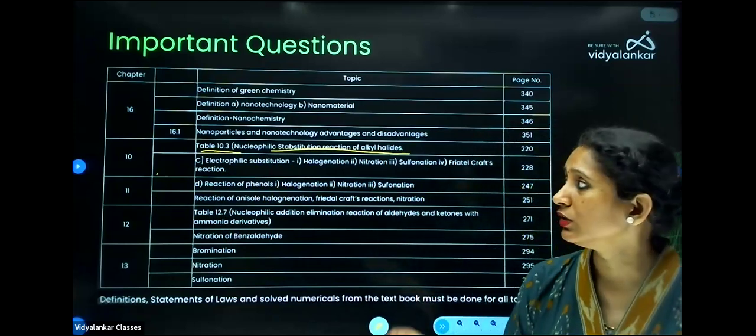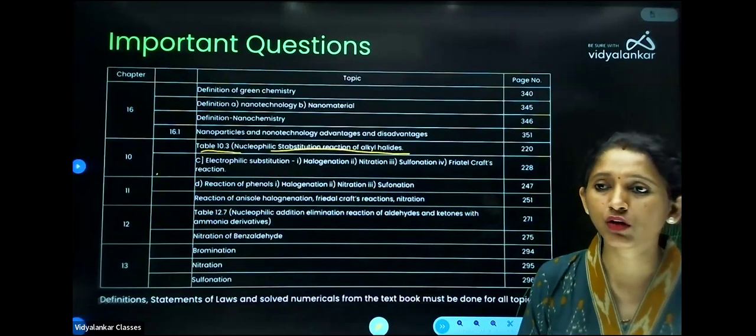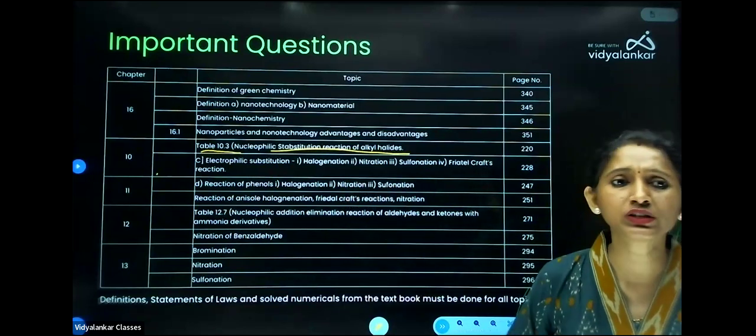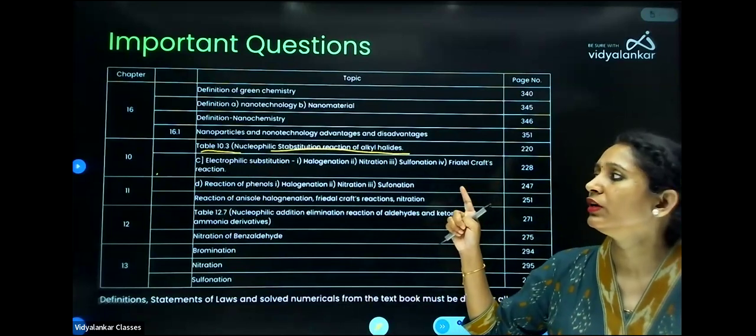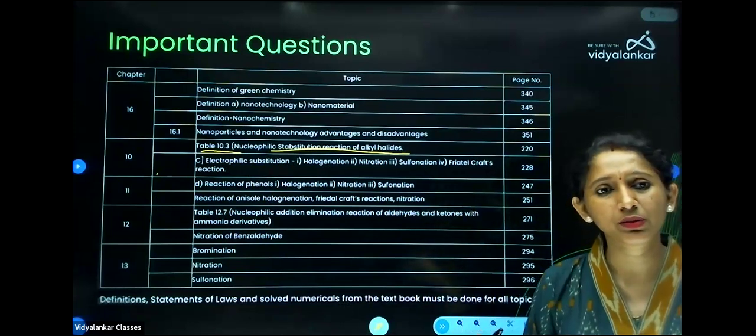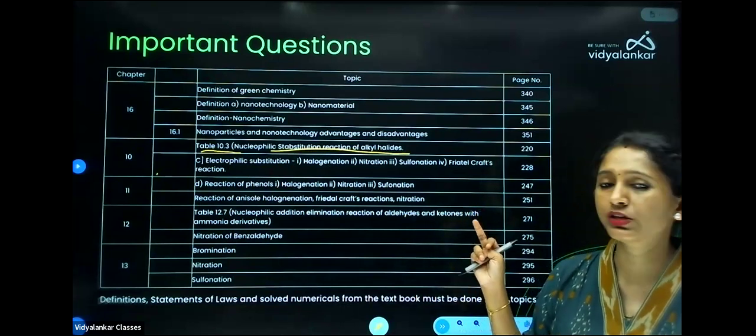That is table number 10.3 from the chemistry textbook. Do not skip this. A 1 mark question generally comes from this. The reactions are one step only and quite easy. Okay, so these are all nucleophilic substitution reactions.